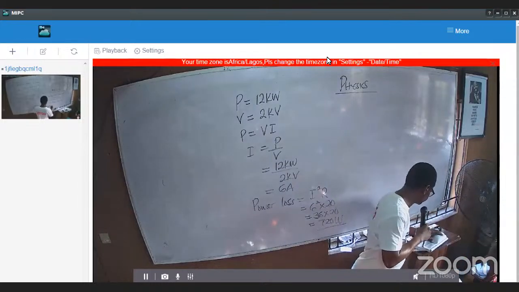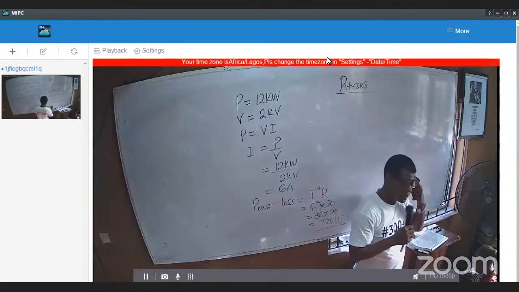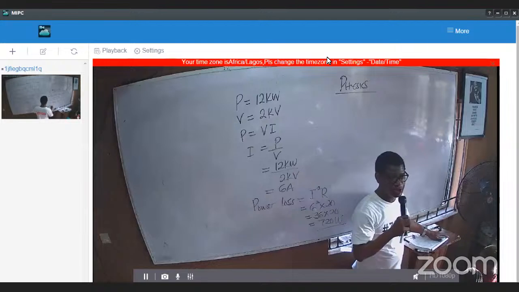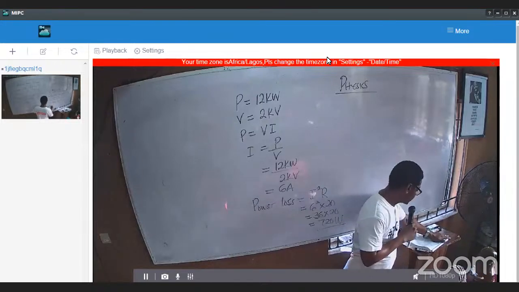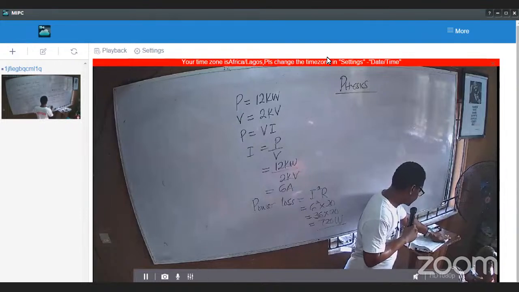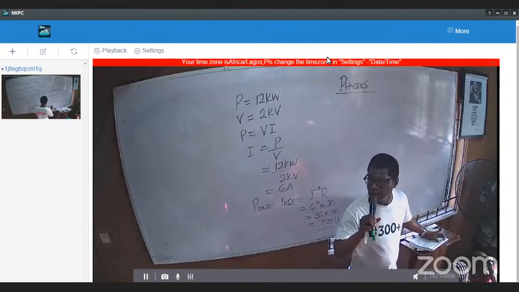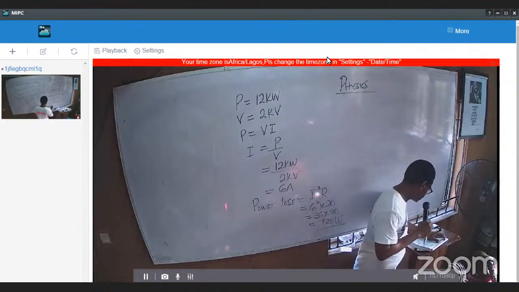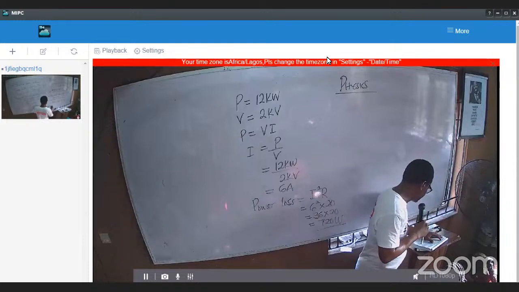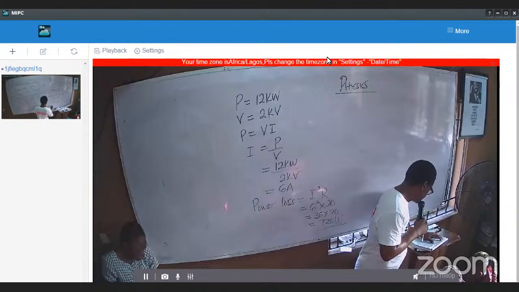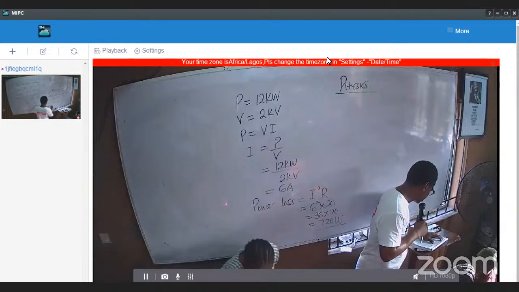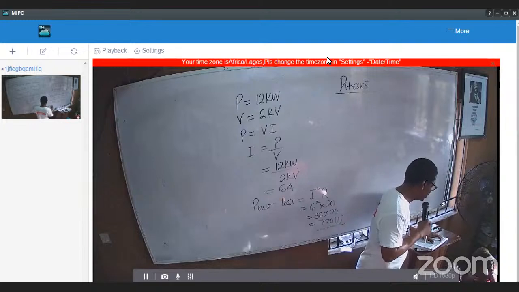Number 5. We have the following statements about a 3-pin plug. Which of the following statements about a 3-pin plug is or are correct?